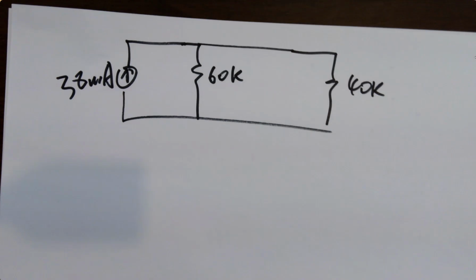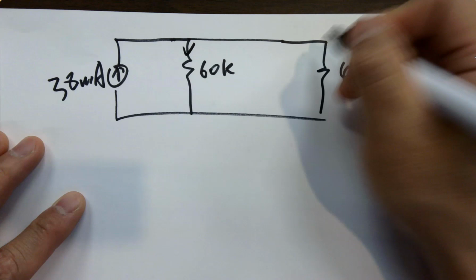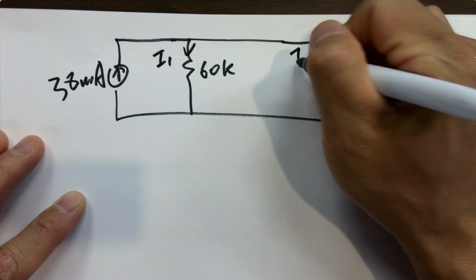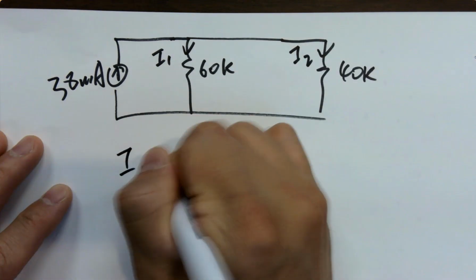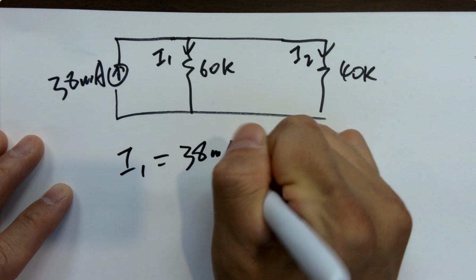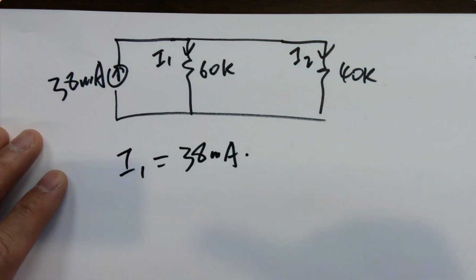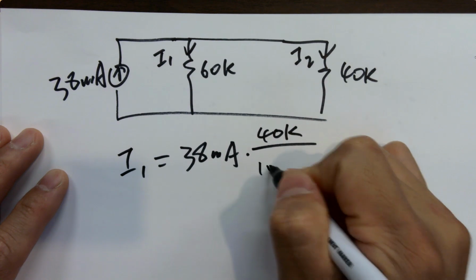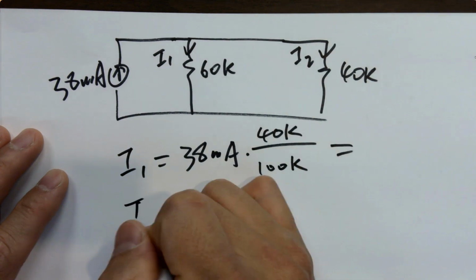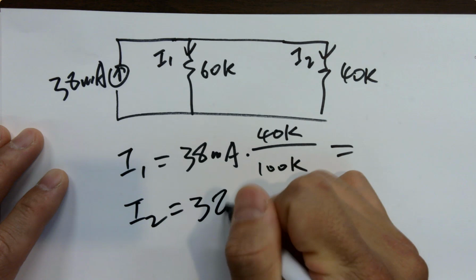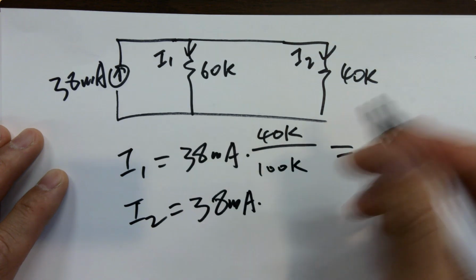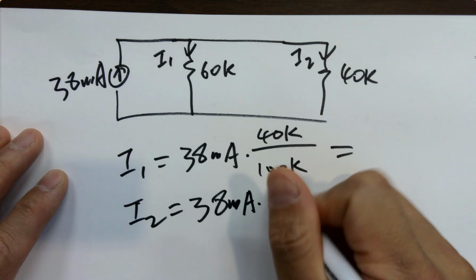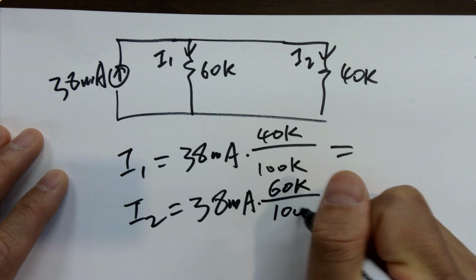Current divider, yes. So what is the current here and here? I1 is what? I2 is what? I1 is 38 milliamps times the other resistor on the top, which is 40K over 100K. I2 is 38 milliamps times the other resistor here, 60K on the top, over 100K.